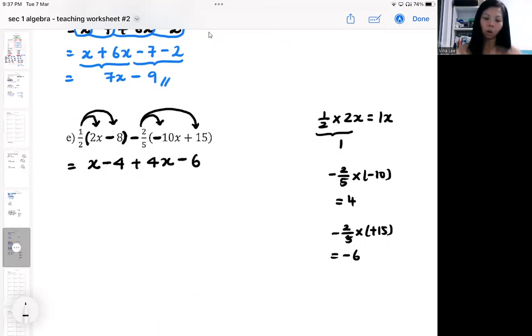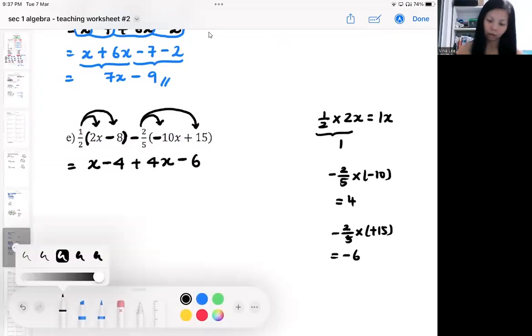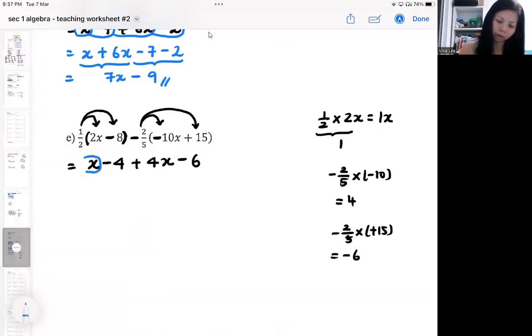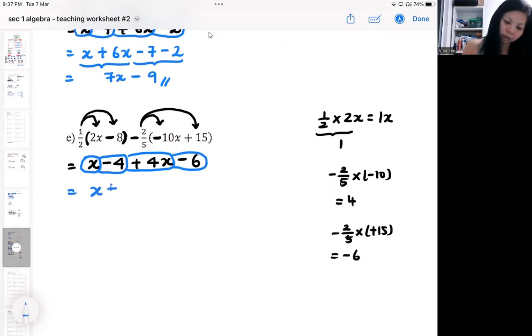So the brackets are all expanded out, and you realize you've got x, you've got constant, you've got x, you've got constant. So put all the x together, put all the constant together. This becomes a 5x.